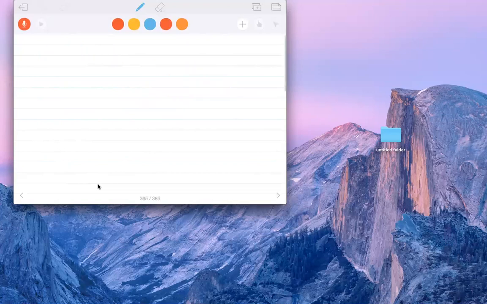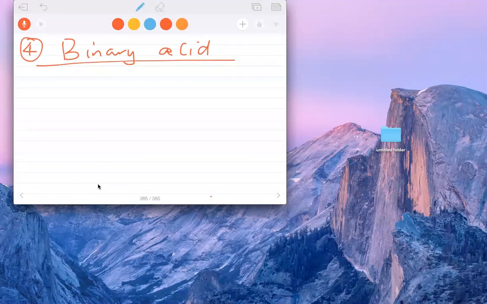One is binary acids. How will I know that I'm dealing with a binary acid? One, the criteria is it must have hydrogen in the chemical formula.